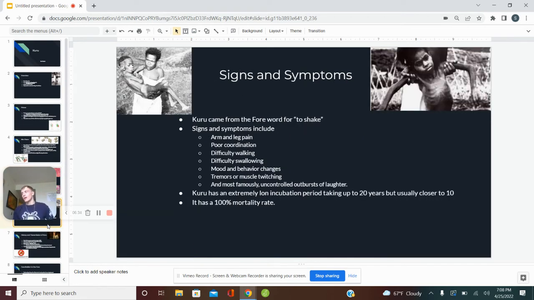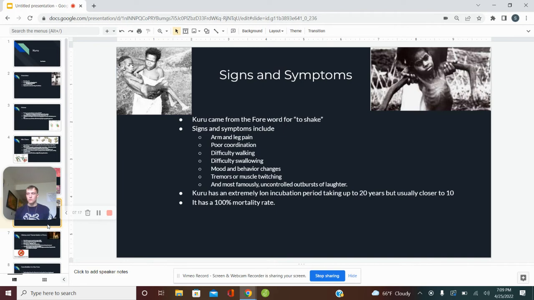So back to Kuru, the signs and symptoms are usually a little bit different. Each one of these spongiform encephalopathies is a little bit different, but for Kuru specifically, it always starts with arm and leg pain and headaches. A lot of the elders in modern interviews with them from the Fore tribe in Papua New Guinea describe arm and leg pain and headaches first, and that was really scary because it meant you might have Kuru, and it quickly goes downhill.